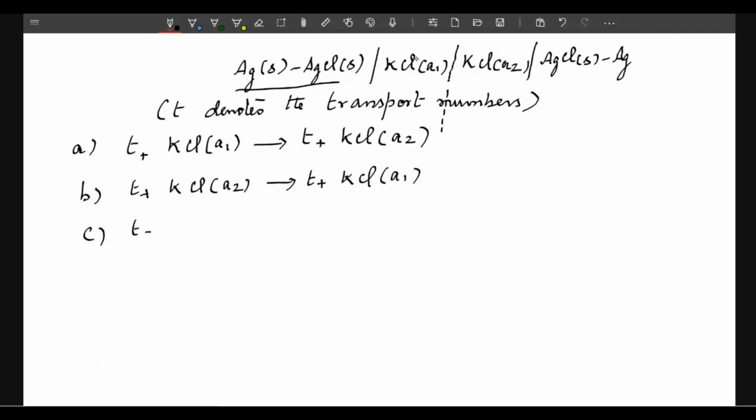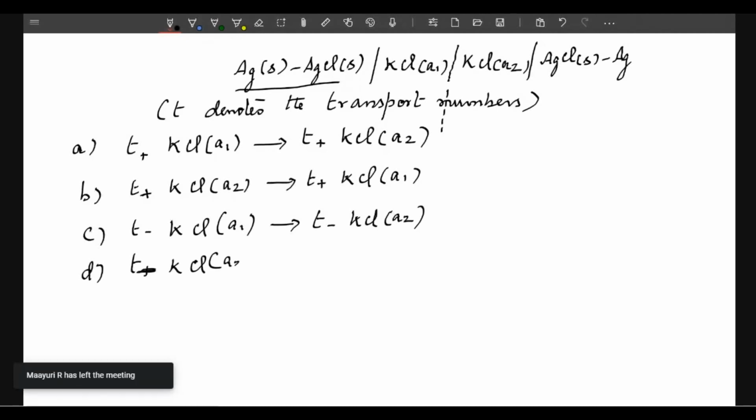T minus, transport number of the minus ion, into KCl activity 1 to T minus KCl activity 2. And the third thing is T minus KCl activity 2 to T minus KCl activity 1.